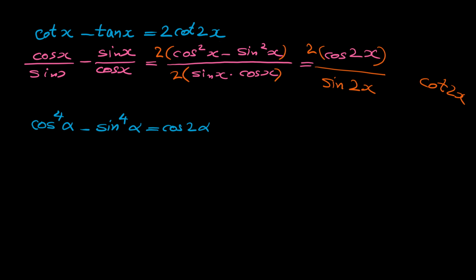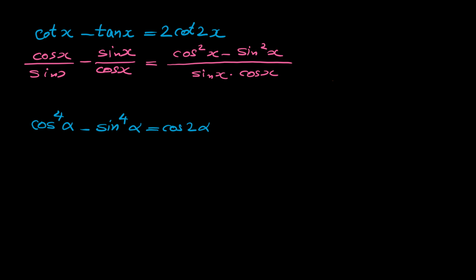Now let me show you the other method for simplifying this expression here. How we can get to the other side without multiplying the numerator and denominator by 2. In this method, let me remind you again, sine of 2x is 2 sine of x cosine x.